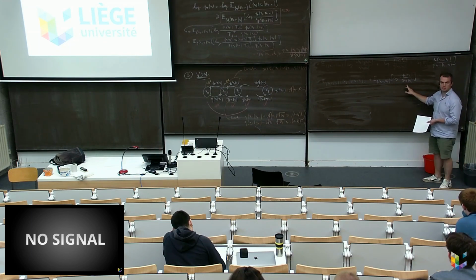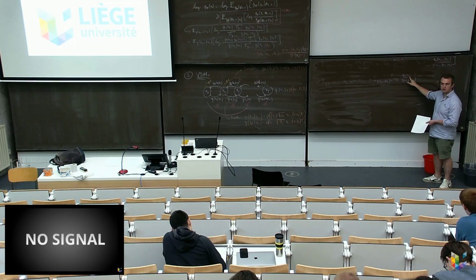What is this? Exactly, it's the KL divergence between the variational distribution and the prior, exactly as we had in the VAE.